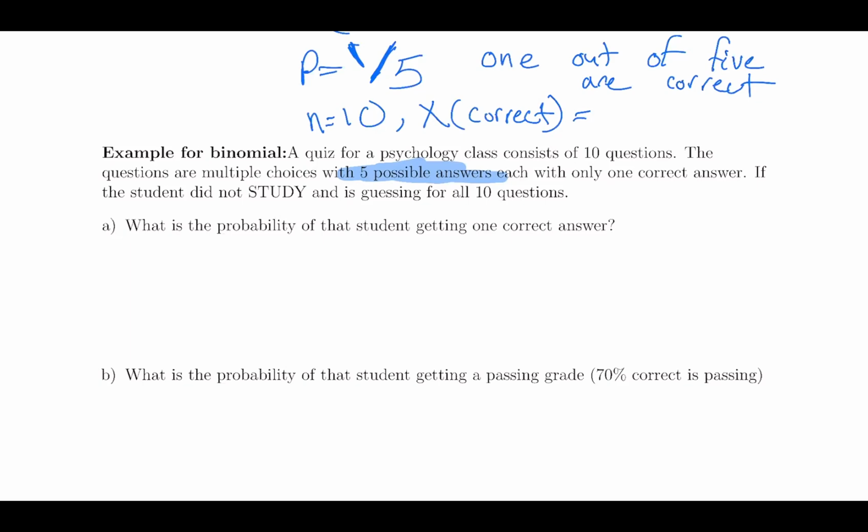If we want them to get 1 correct answer, that means X is equal to what? Point 2. Well, you're giving me a probability, but X should always be a whole number. So how many correct answers do we want them to get?